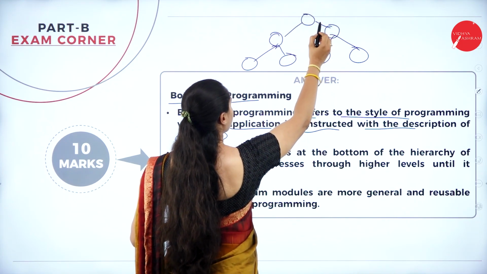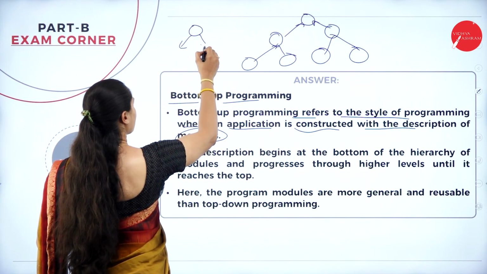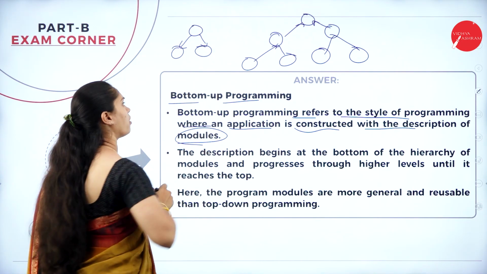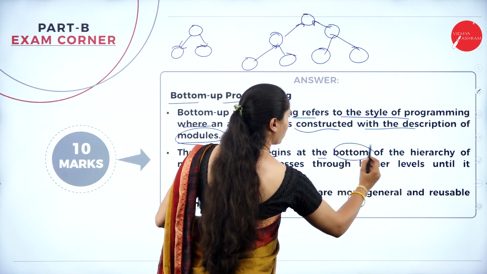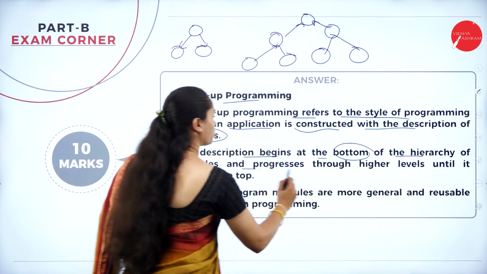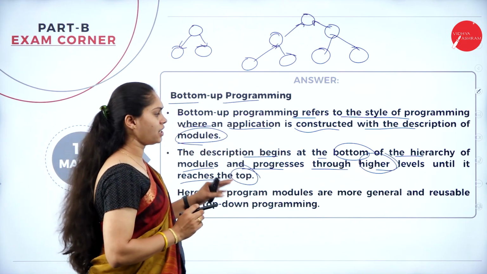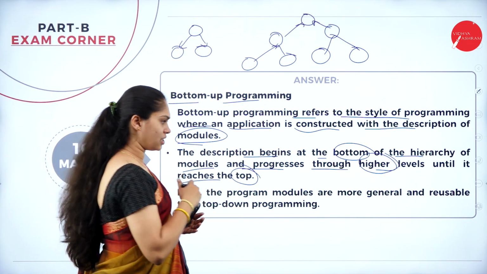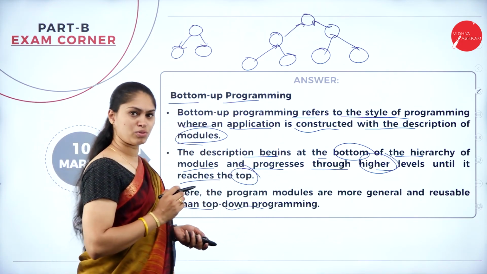So, this will be bottom up. If the direction is like this, then it is the top down approach. So, the description begins at the bottom of a hierarchy and progresses to higher levels until it reaches the top, so that it is more general at the lower level and more reusable than top-down programming.